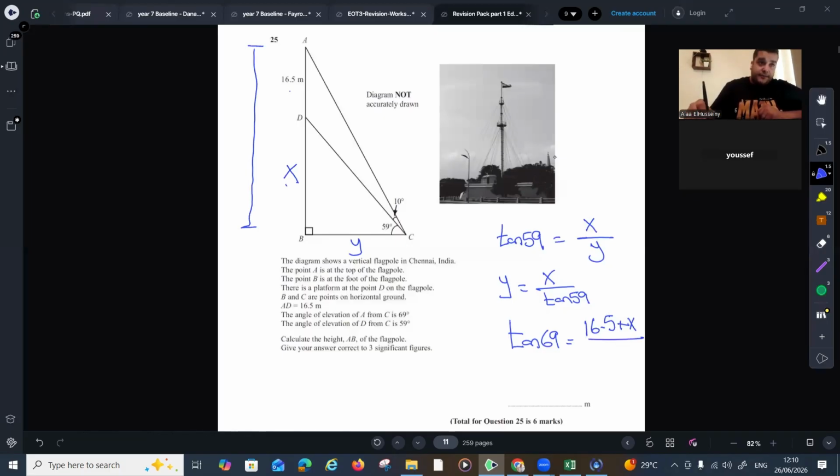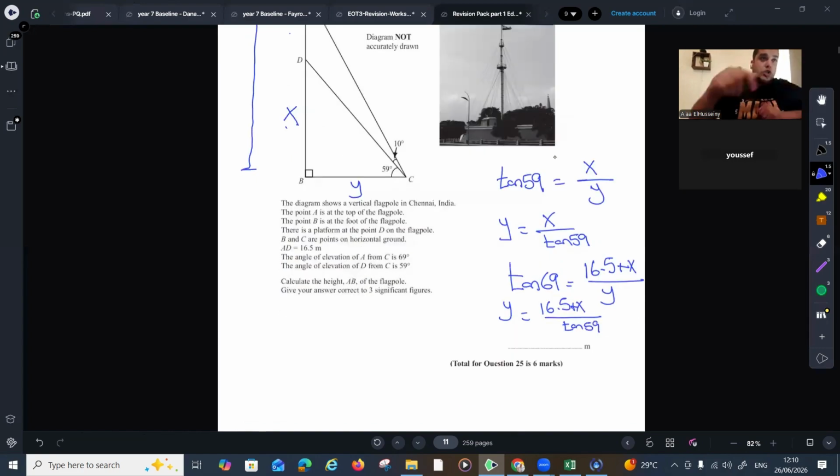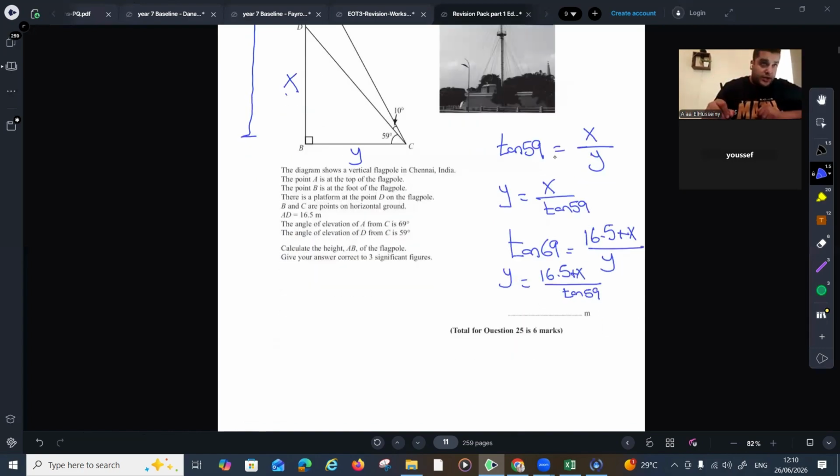So the y here equals 16.5 plus x over tan 69. But y was also x over tan 59. So we can formulate an equation here, since this is y and this is y. So from 1 and 2, we can say that x over tan 59 equals 16.5 plus x over tan 69.